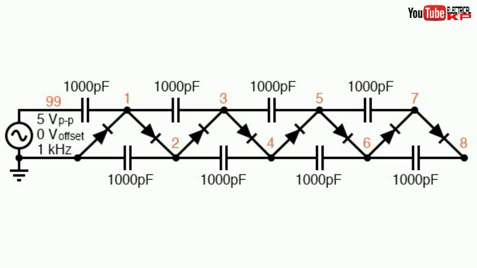It means, if we want to generate high voltage up to n times, then we have to add n stages of the voltage doubler circuit in series to generate high voltage DC.